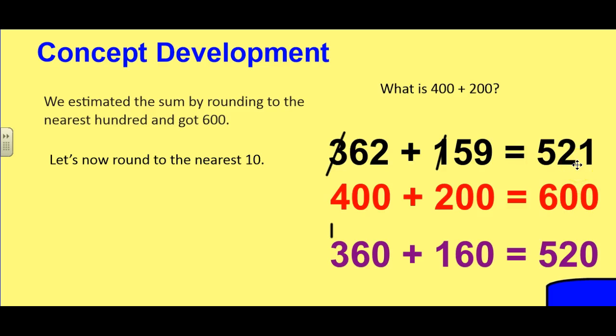So it really depends on how you're rounding whenever you're estimating. You just want to get the closest amount possible to the actual answer. I use rounding and estimating almost every day. When I go grocery shopping, I estimate. I try to figure out how much I'm going to spend at the store.